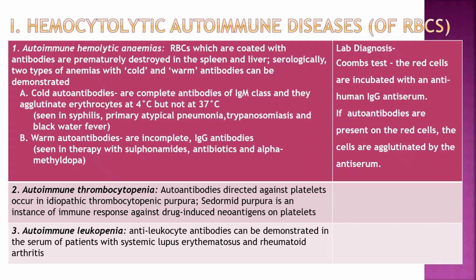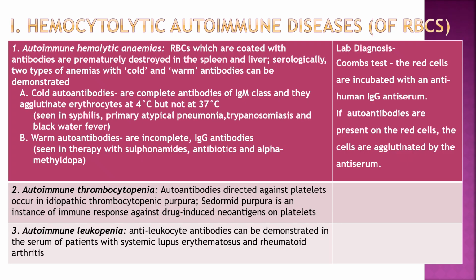Hemocytolytic autoimmune diseases. First is autoimmune hemolytic anemia. RBCs which are coated with antibodies are prematurely destroyed in the spleen and liver. Serologically, two types of anemias with cold and warm antibodies. First, cold autoantibodies are complete antibodies of IgM class and they agglutinate erythrocytes at 4 degrees Celsius but not at 37 degrees Celsius.